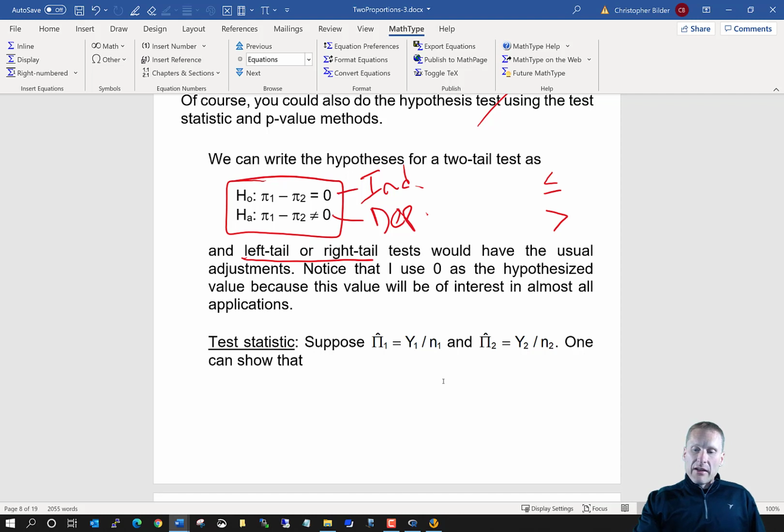And obviously, if pi 1 is less than pi 2, then you have a different kind of dependence. So the independence-dependence framing only works with equal versus not equal. But you might want to do a left-tail test sometimes, and a right-tail test sometimes as well.